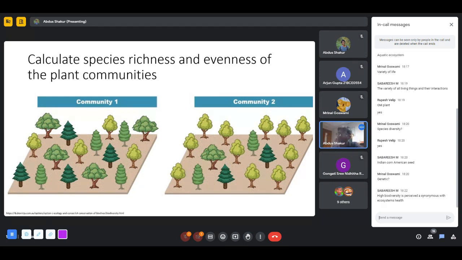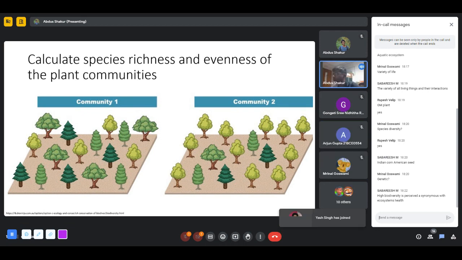Now, all of you go through this example and say what the species richness of community one and community two is, and which community has higher species richness. I can tell you how to do evenness a little later, but for now, can someone count how many species are present in community one and community two?